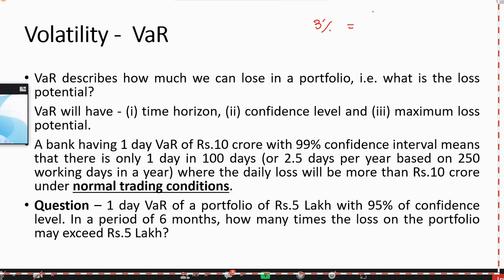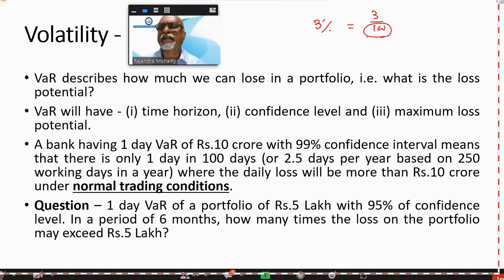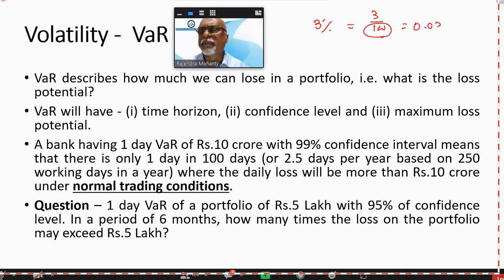Simply 3 divided by 100. BPS means any percentage which is divided by 100. If it is 30%, how much will it be? 30 divided by 100, so it will be 0.3. So BPS means that.